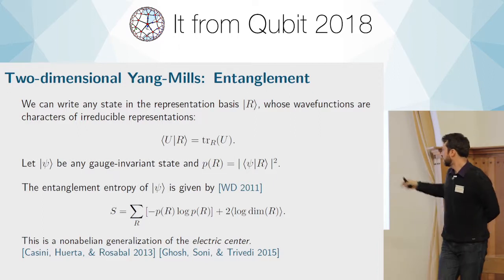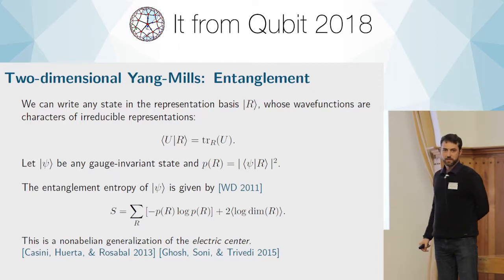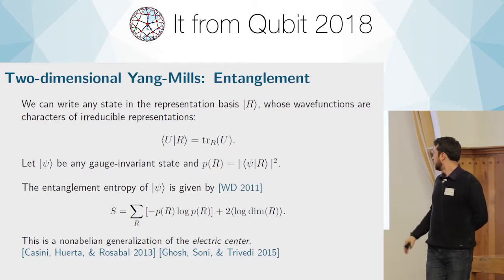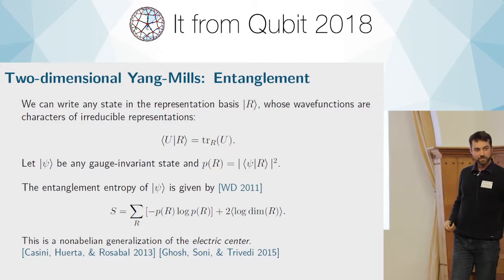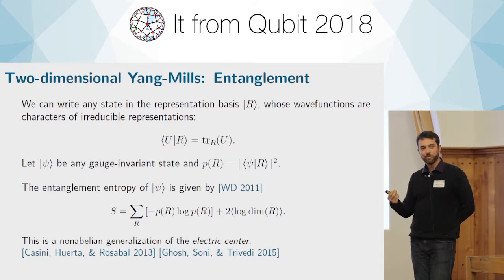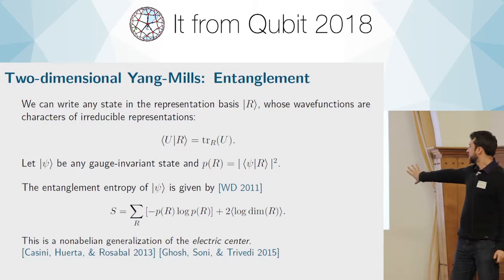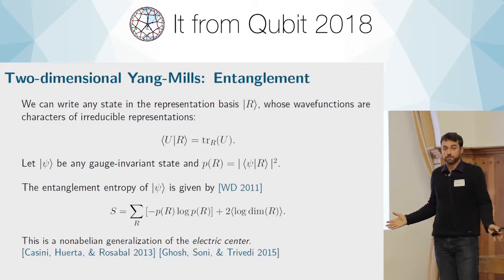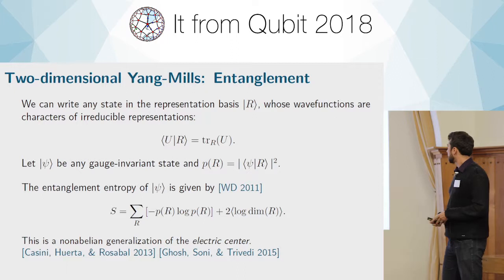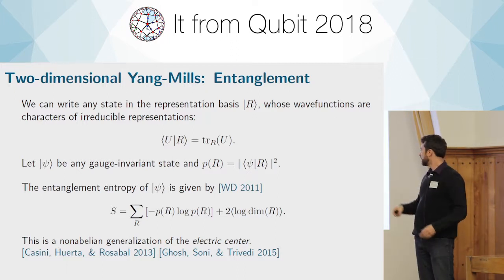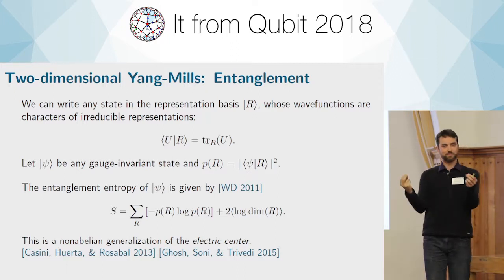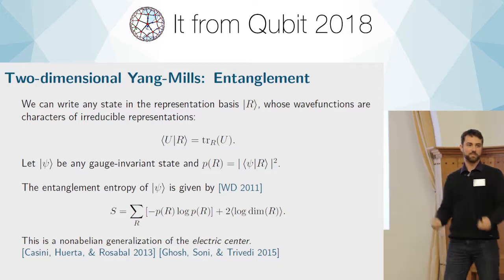It's given by this formula that I think Sandeep showed us yesterday. The difference is he had one extra term, which had to do with the bulk entanglement of the theory, this sort of quantum piece. That's absent here just because the model has no bulk degrees of freedom. And the number 2 here, multiplying the log of the dimension, just comes from the 2 points that make up the entangling surface.